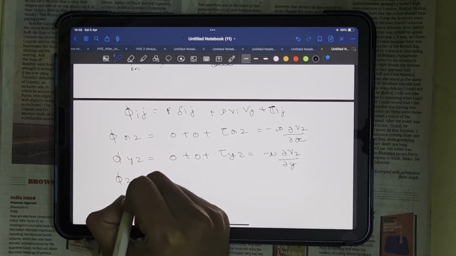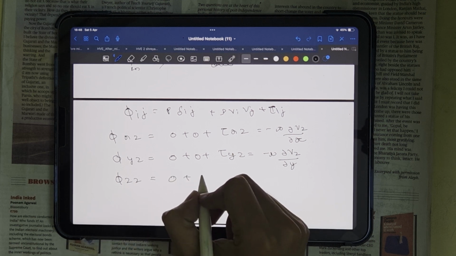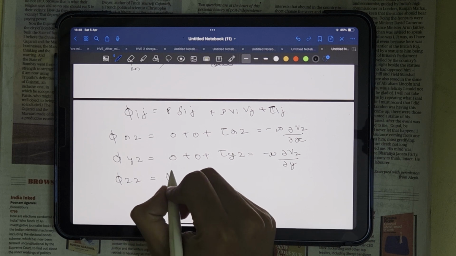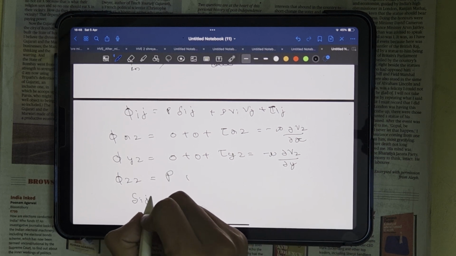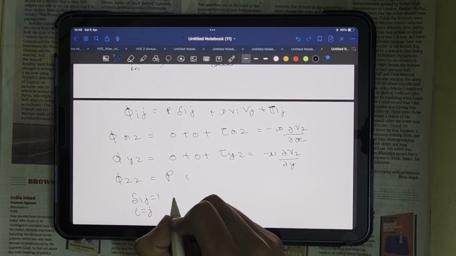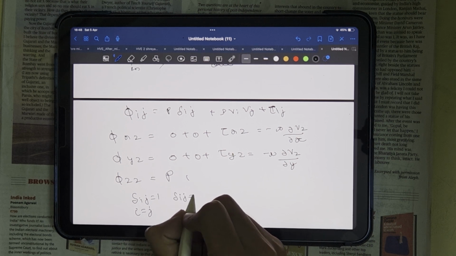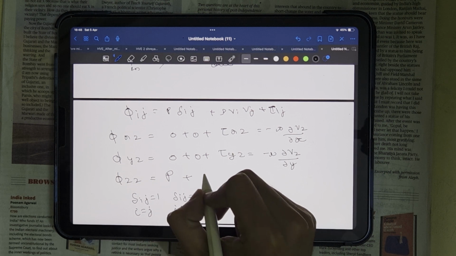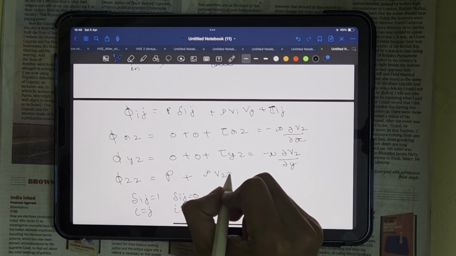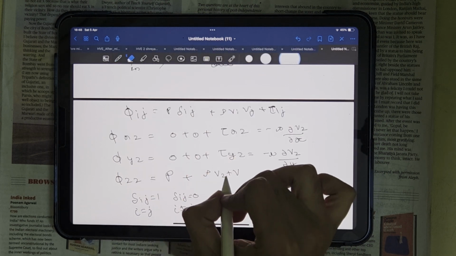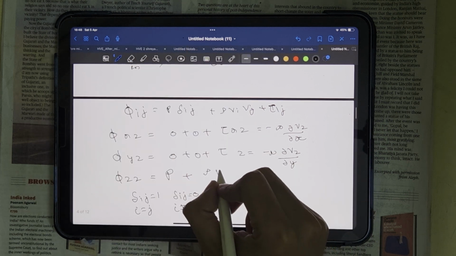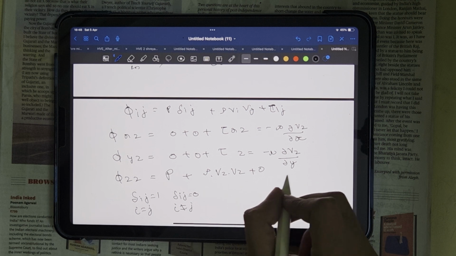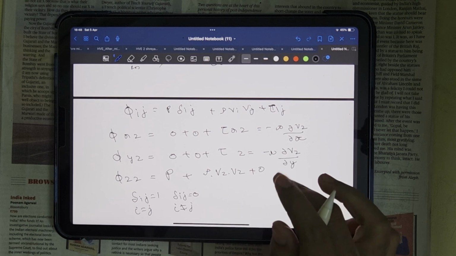And phi zz would be, sorry, we will have p here because delta ij is 1 when i is equal to j, and delta ij is 0 when i is not equal to j. So it will become p plus rho vz into vz plus 0, because velocity is not a function of z direction.